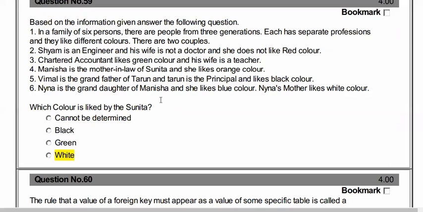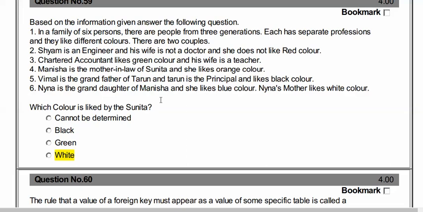Sharon, accountant, likes green color and his wife is a teacher. Manisha is mother-in-law of Sunita and she likes orange color. Vimal is grandfather of Tarun and Tarun is principal and likes black color. Naina is granddaughter of Manisha and she likes blue color.